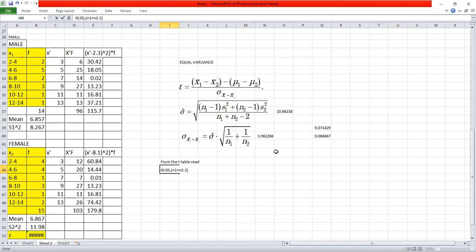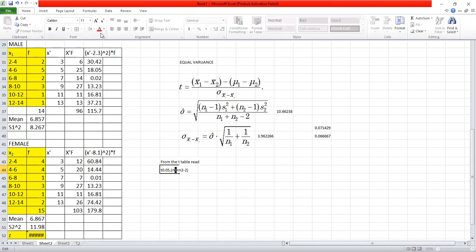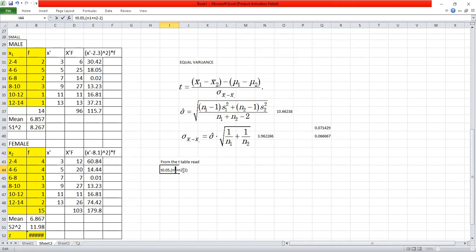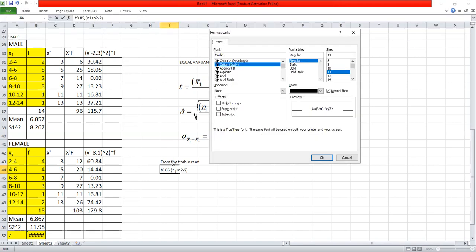That is the degrees of freedom for independent sample tests, which is basically the difference between sample means. So I'll do this for both. You need to subscript all these things. This is N2, this is N2 minus 2.